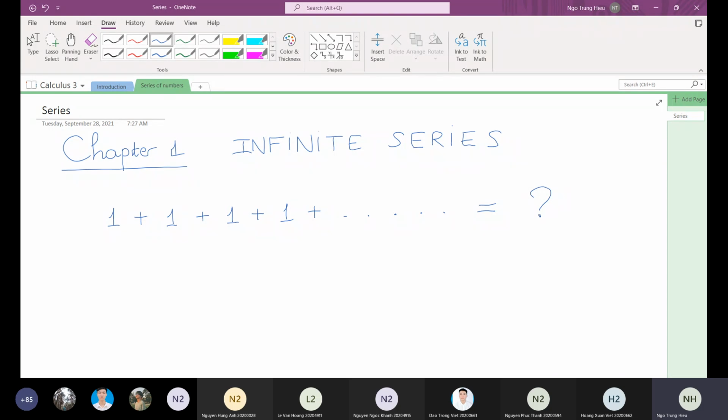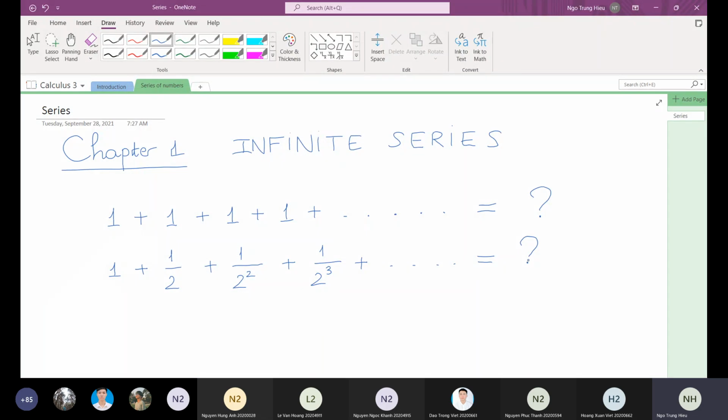And there are questions like 1 plus 1/2 plus 1 over 4, which is 1 over 2 to the 2, plus 1 over 8, which is 1 over 2 to the 3, and so on. What is the result of this addition? So we add infinitely many times.